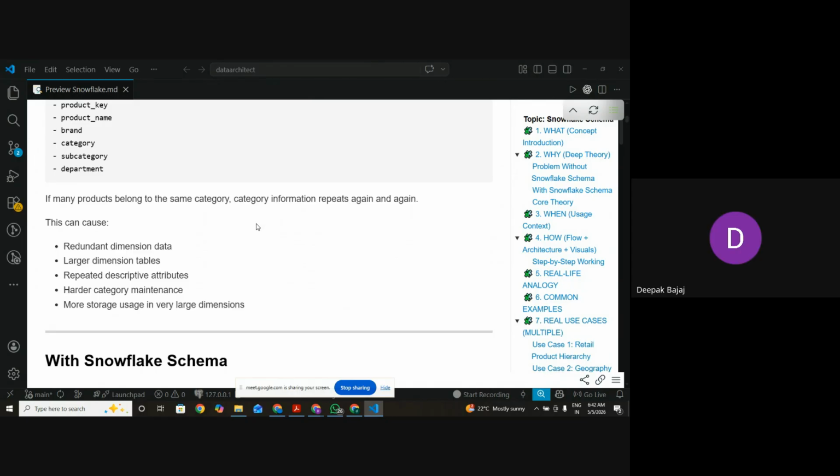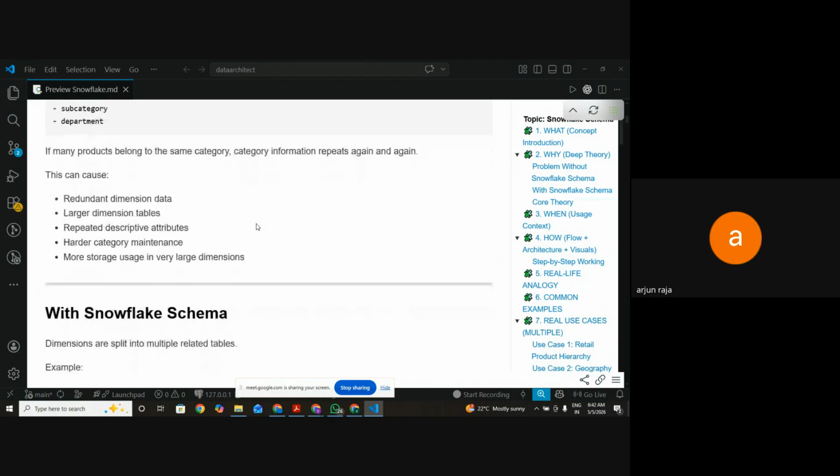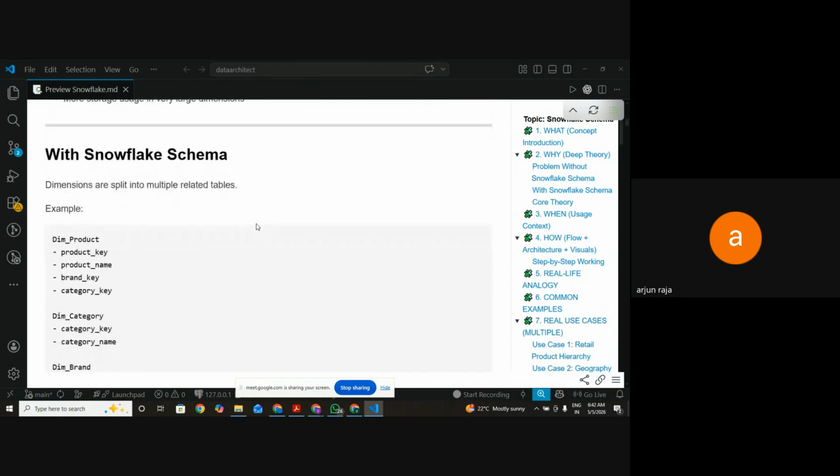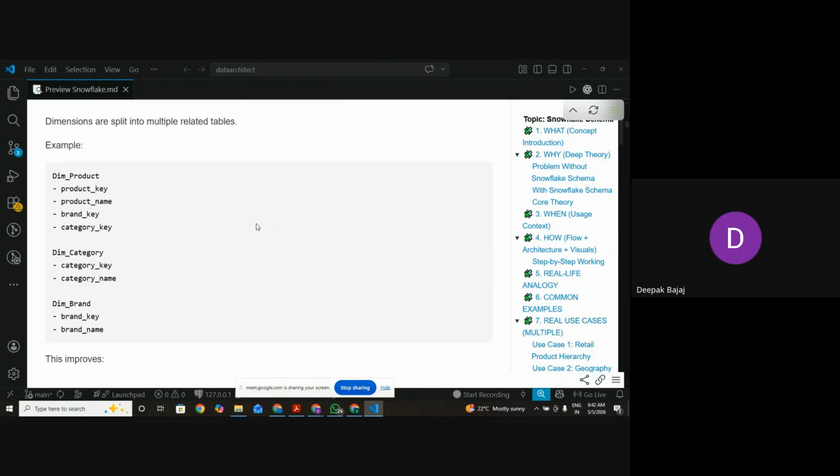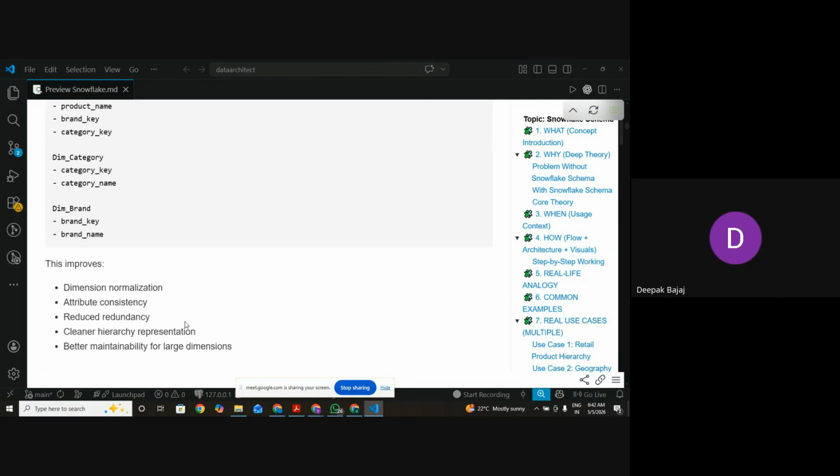As I gave you the example of piles of clothes, the same thing is this. Now with the snowflake schema, you will categorize based on some concrete base, like based on category or brand, so you can easily find based on a dimension.